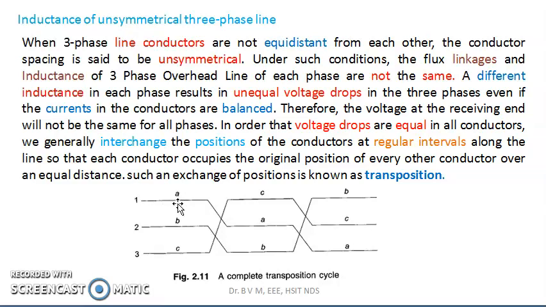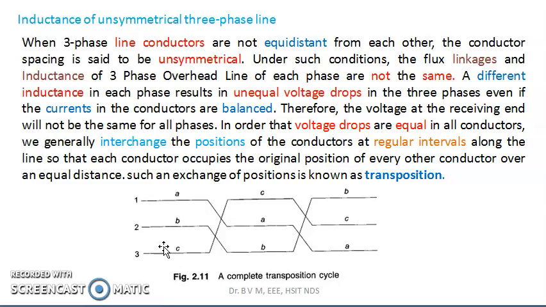Lambda A1 is equal to 2 into 10 raised to minus 7 into bracket: the flux linkages due to its own current IA, log of 1 by R dash, where R dash is equal to 0.7788 R, plus the flux linkages of conductor A due to current IB flowing through conductor B, that is IB log of 1 by D12, the distance between A and B, plus IC log of 1 by D31.